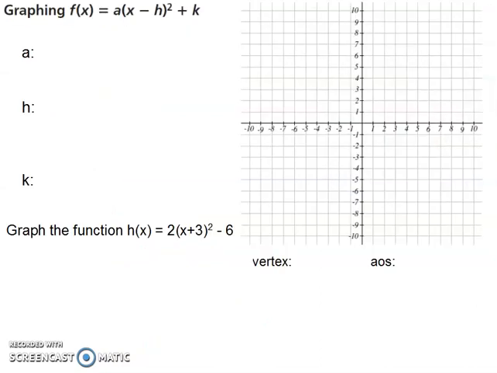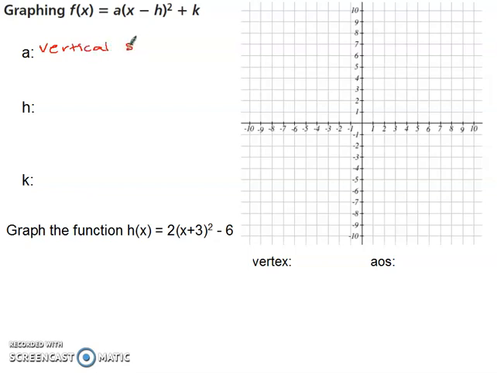All right, we've got a couple more. I'm going to go ahead and walk us through the standard form of vertex form, and then we're going to continue practicing. So A is your multiplier that tells you what your pattern is going to be. It also will tell you your vertical stretch or vertical compression, meaning how wide or narrow your graph is going to be.